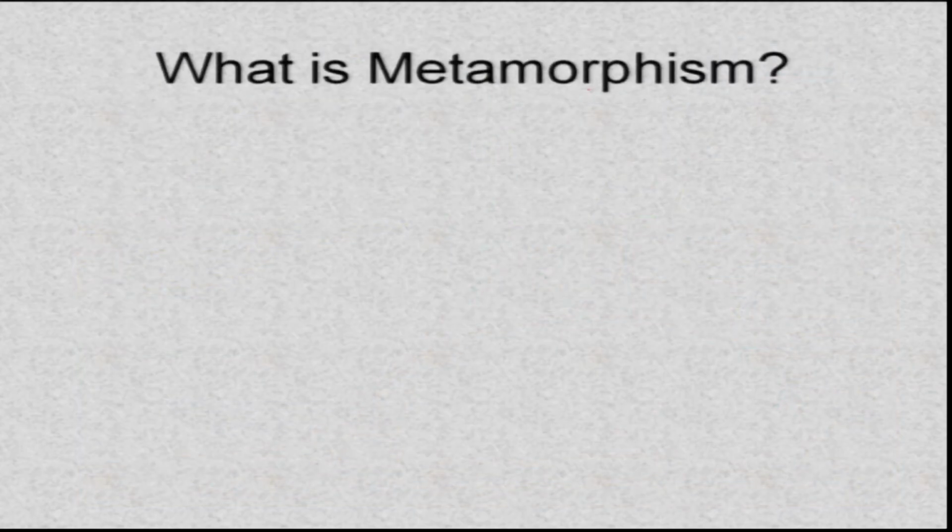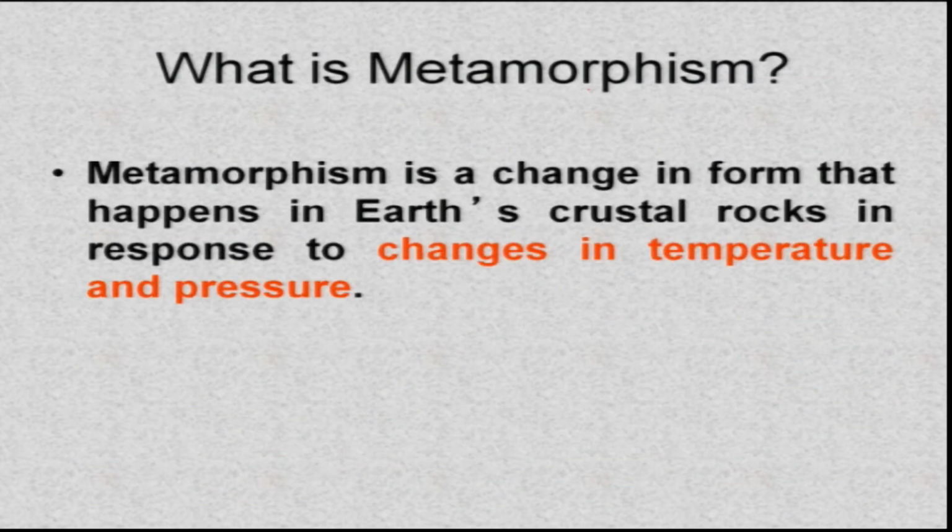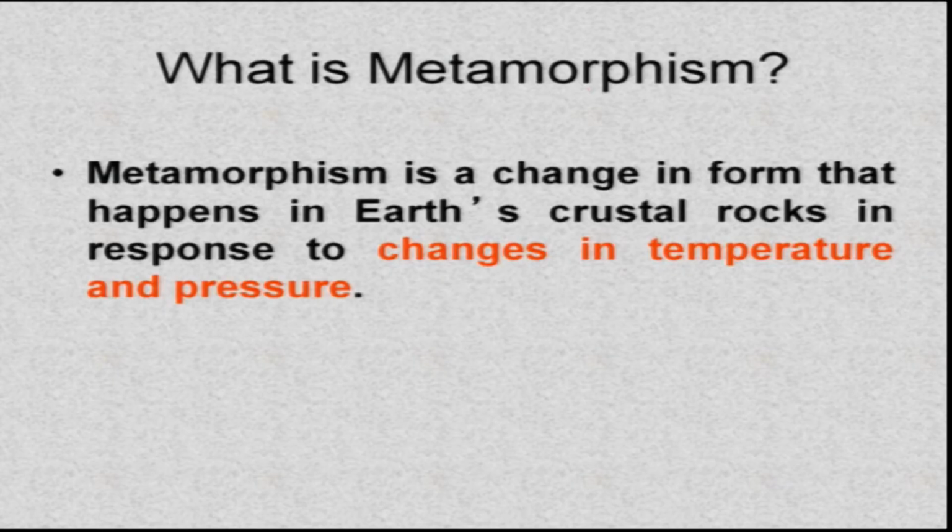So what is metamorphism? Okay. So metamorphism is a change in form that happens in Earth's crustal rocks, in response to changes in temperature and pressure. So this is the most important. The change in the temperature and pressure will result in the metamorphism of different rocks.